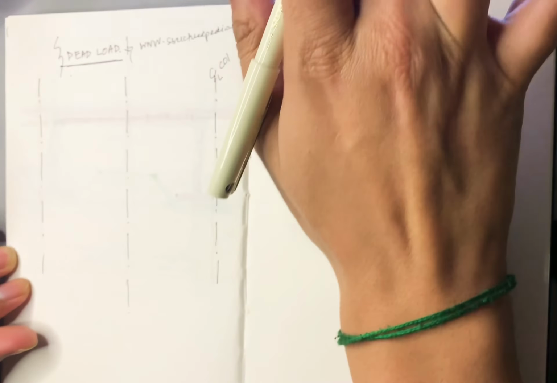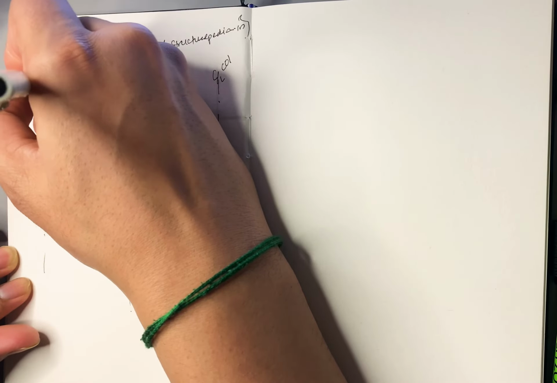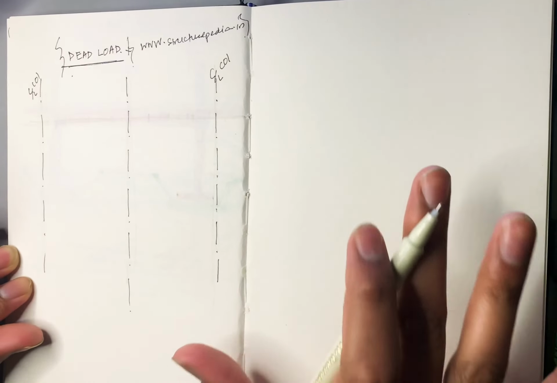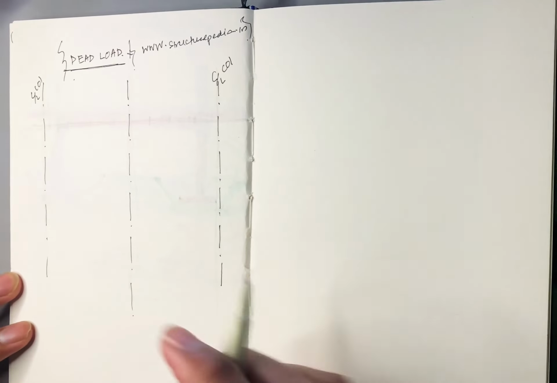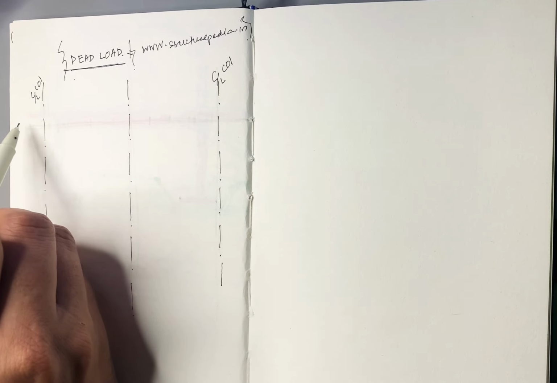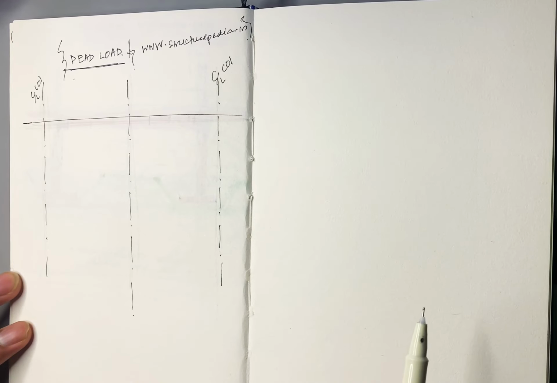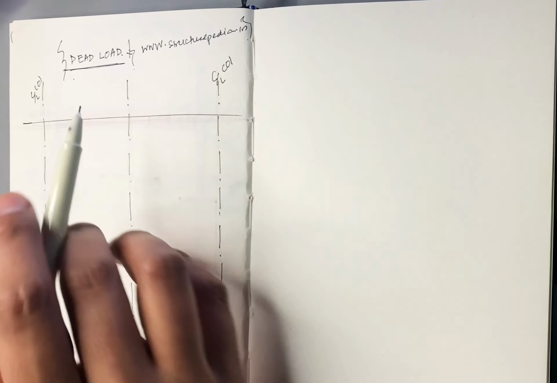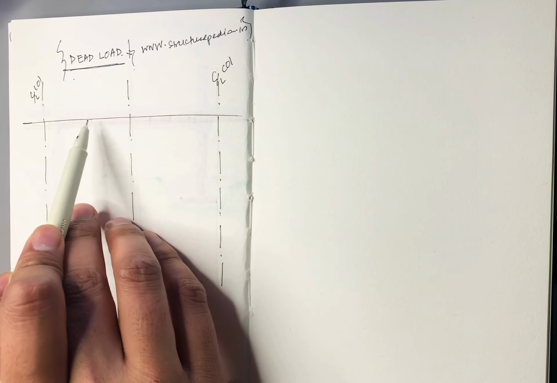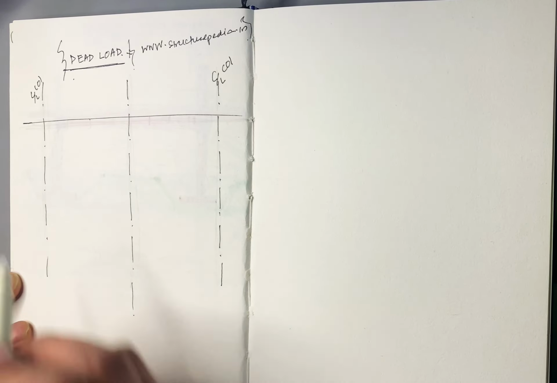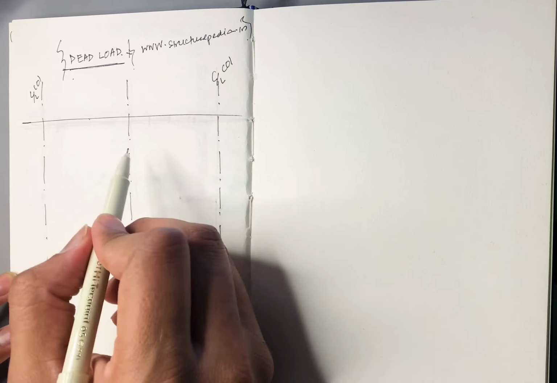It's very easy. Now let's say this is the top level of the slab, and now we need to draw a beam.